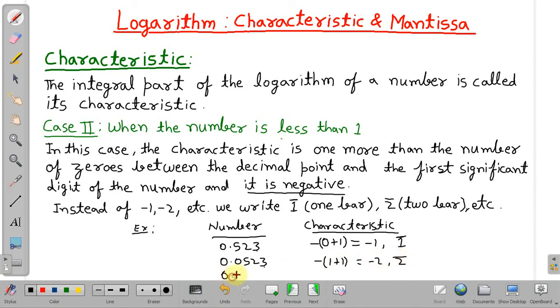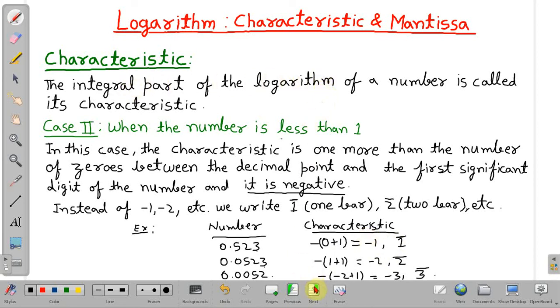And if it is 0.0052, we have two zeros, so the characteristic will be minus 2 plus 1, that is minus 3, and we write it as 3 bar. Okay, so this is how we find the characteristic of a number. And please note that this is the integral part of the logarithm of a number.